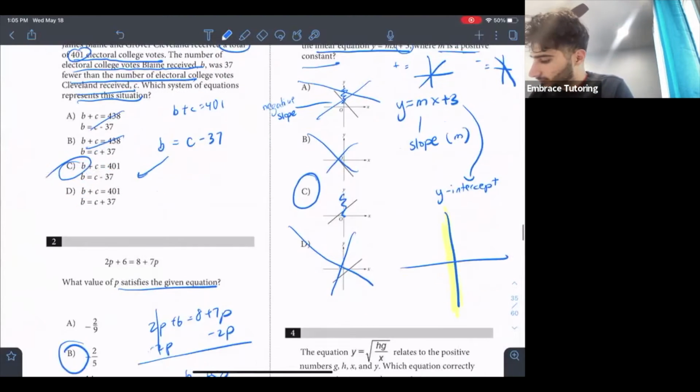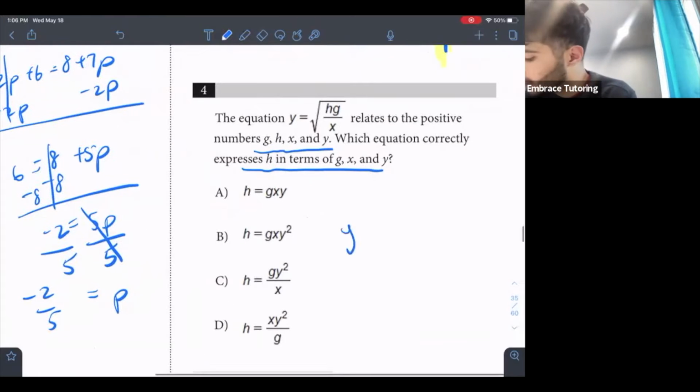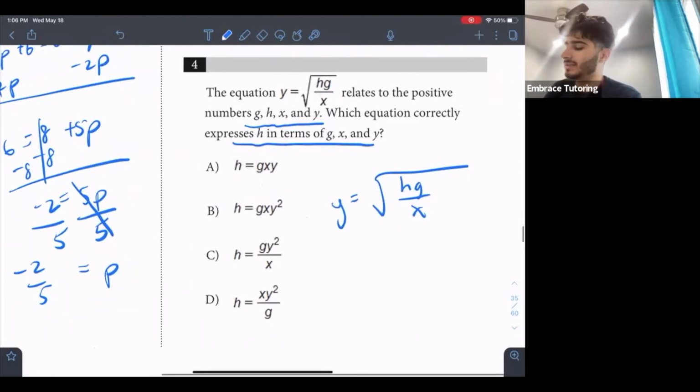Next question. You have the equation y is equal to the radical of hg over x, which relates the positive numbers g, h, x, and y. Which equation correctly expresses h in terms of g, x, and y? Basically, they're asking you to manipulate the equation so you have h by itself.